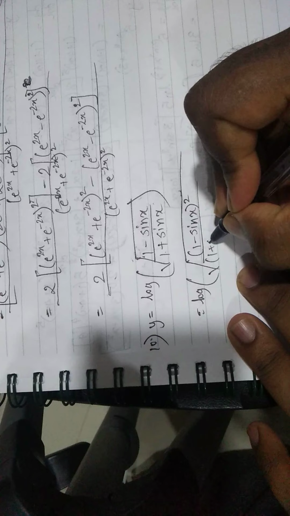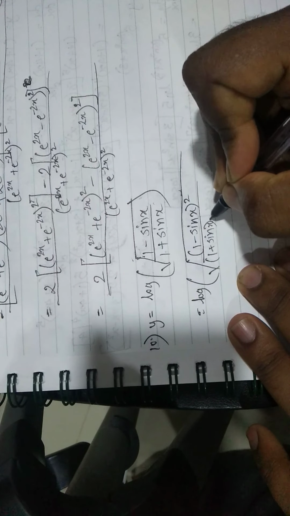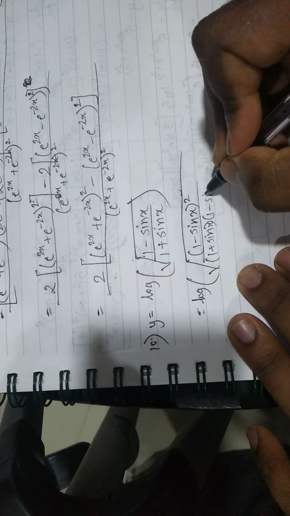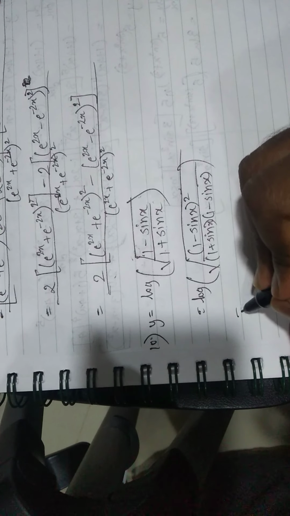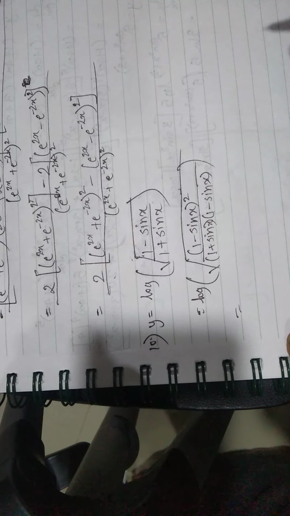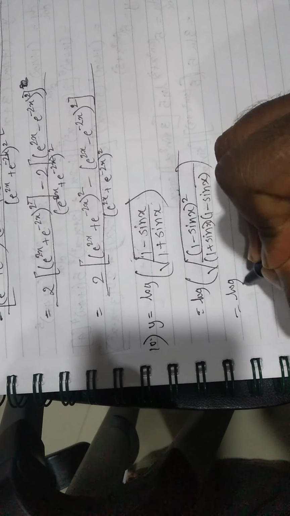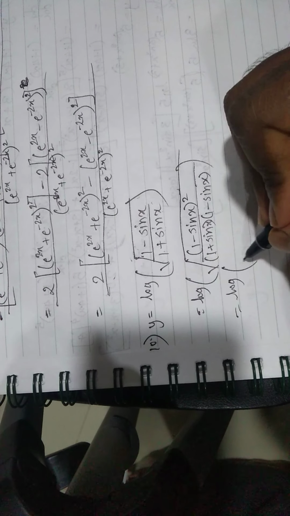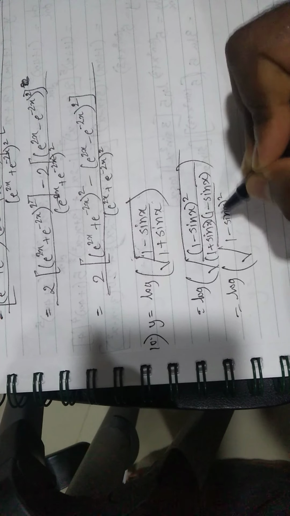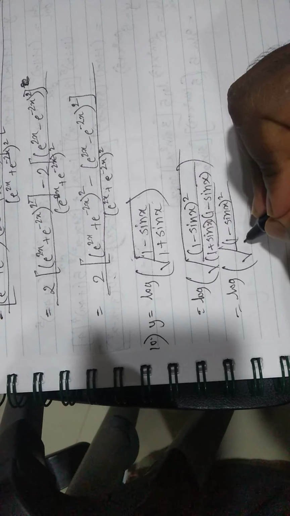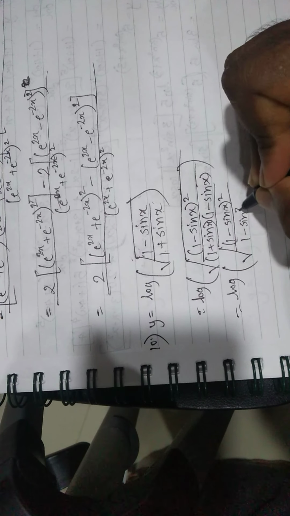Oh, I might as well write it because there will be a lot of confused souls here. Alright, so this is of the form a plus b times a minus b, so that is simply log of square root of 1 minus sin x, the whole square, upon 1 minus sin square x.